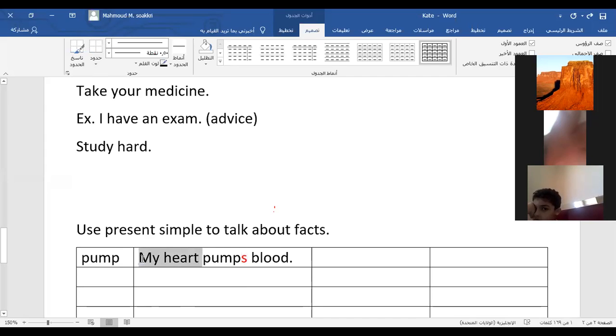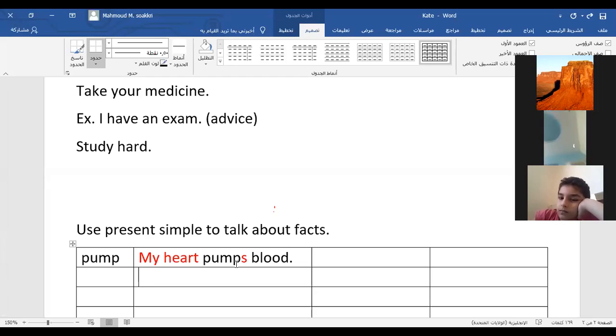Because the subject, my heart, is singular. So in present simple, when you want to talk about facts, you add S to the end of the verb with a singular subject. My heart is two words, but it is telling us about a singular subject because my heart is only one heart. So we add S to the verb.